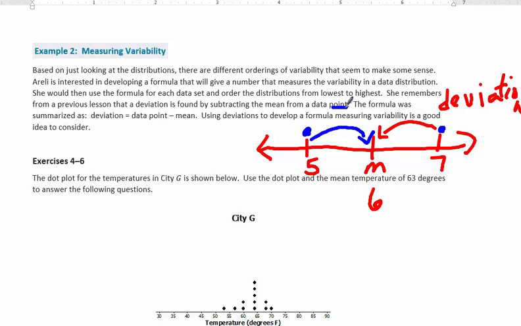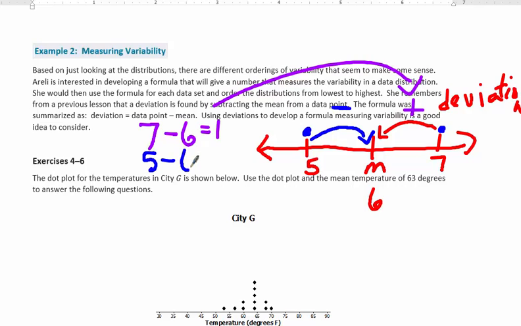When are my deviations positive? Well, my deviations are positive when they are to the right. Notice here my data point is 7 minus the mean, which is 6, so that is 1, which is positive. My negative would be 5, that's my data point, minus 6, that equals negative 1.